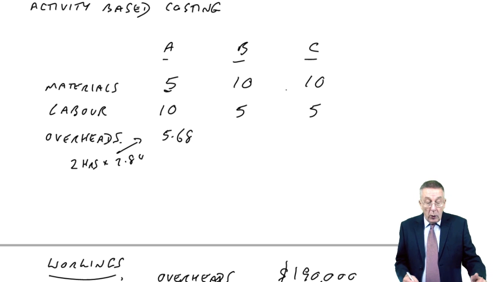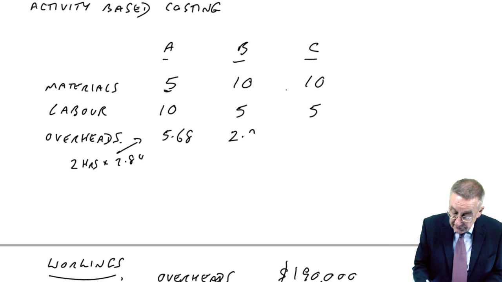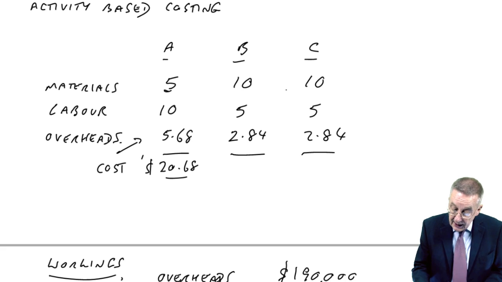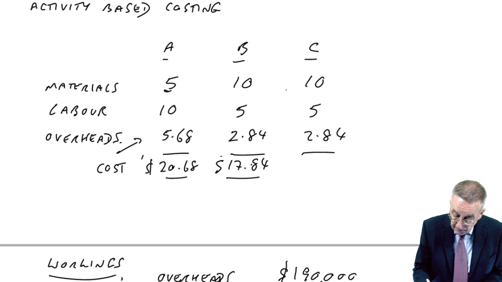Products B and C only take 1 hour, so it's $2.84 a unit. And now we've got the total cost: $20.68, $17.84, and again $17.84.